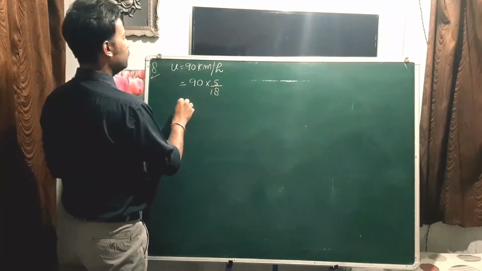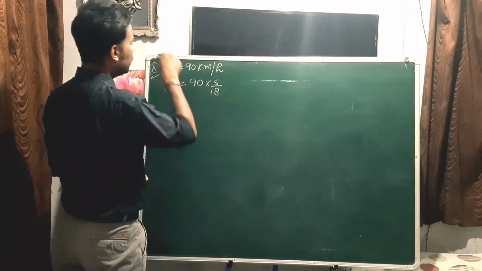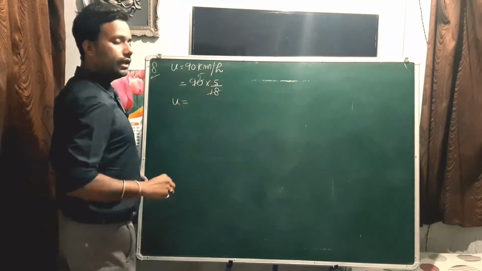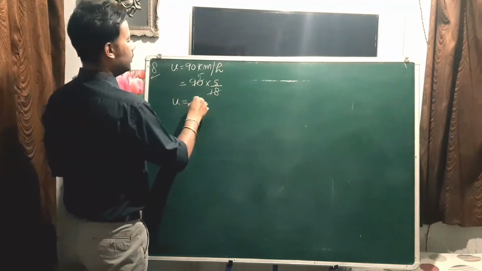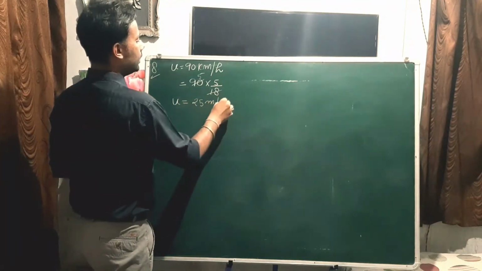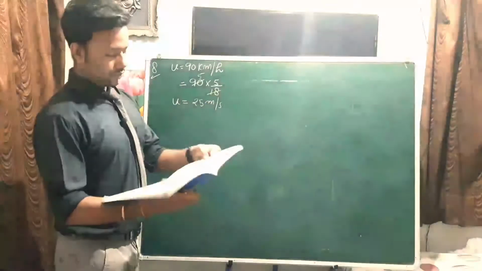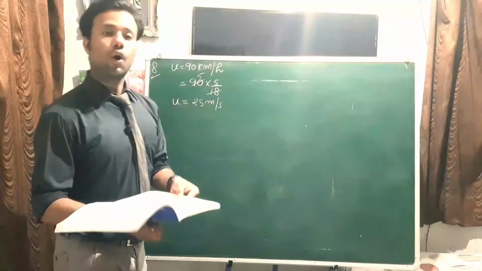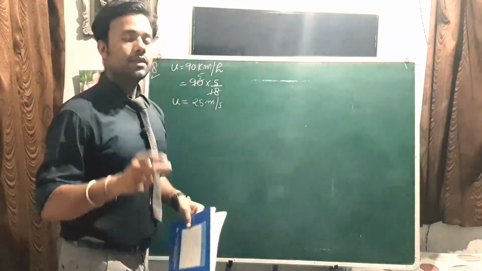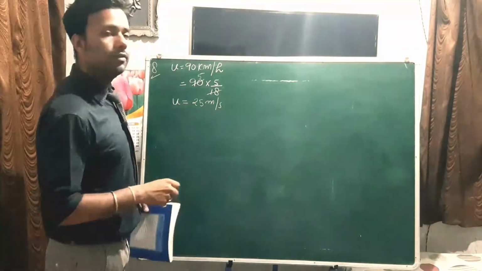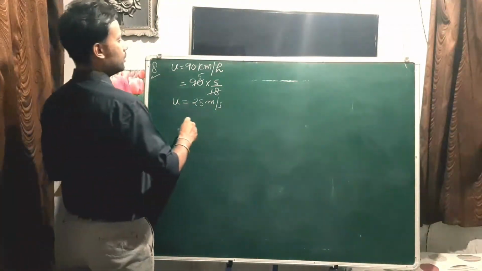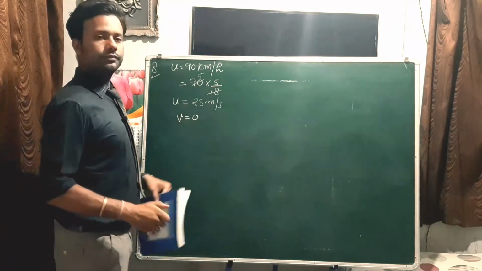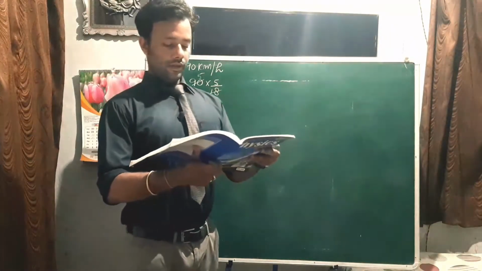So this will give you u equals 5 times 5 is 25, so it will be 25 meter per second. It says it is brought to stop. That means the final velocity of this train will be 0. So v is basically 0, brought to stop.